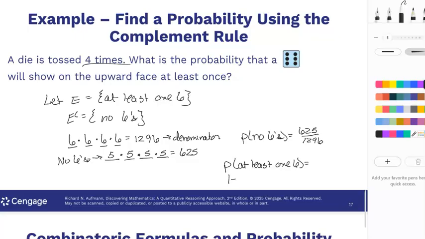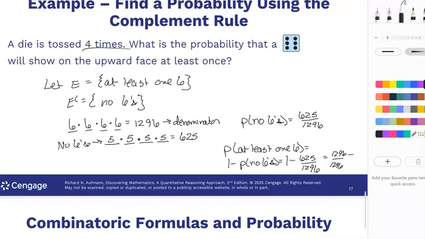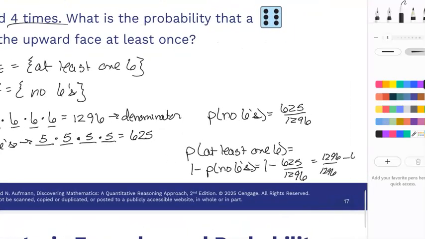So that's going to be 1 minus the probability of no 6s, which is 1 minus 625 out of 1296, which is going to be 1296 over 1296 minus 625 out of 1296. So I got 671 out of 1296 for that one.